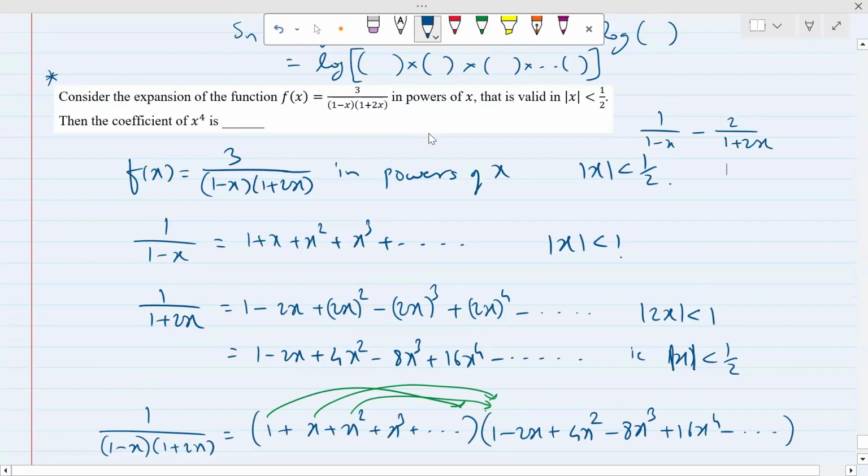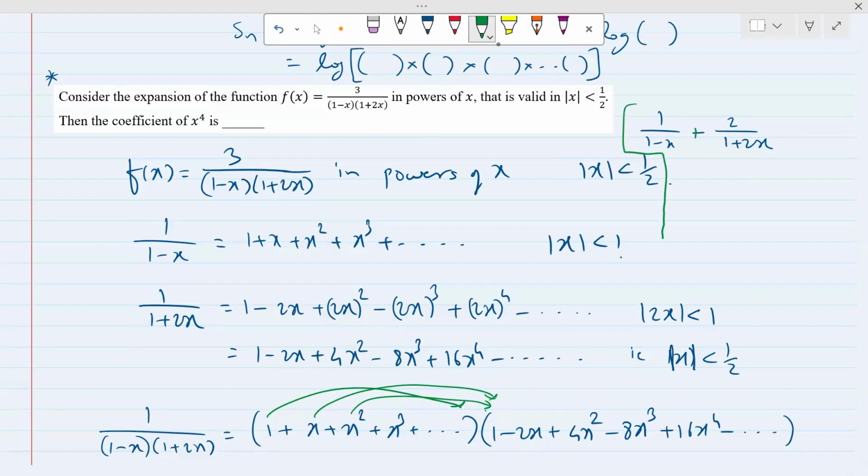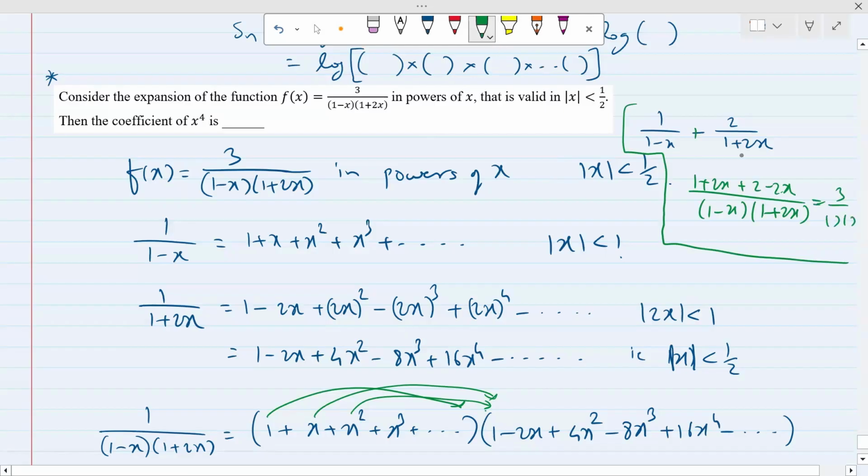I think between the two it is plus, not minus. Let's check this. 1 minus x into 1 plus 2x: here you will have 1 plus 2x plus 2 minus 2x. Yes, correct. You can do it that way, and then it's easy to add.